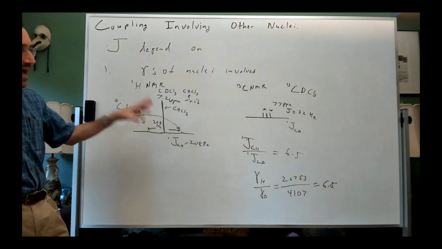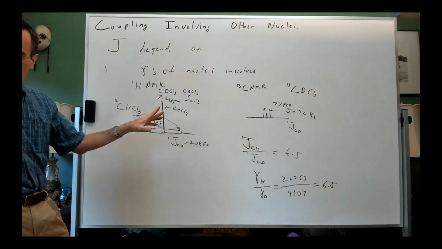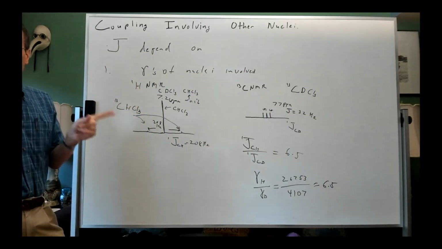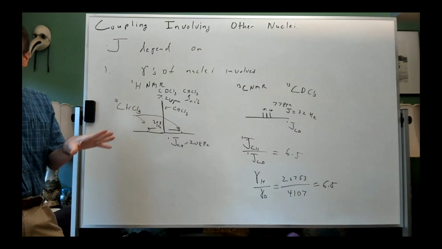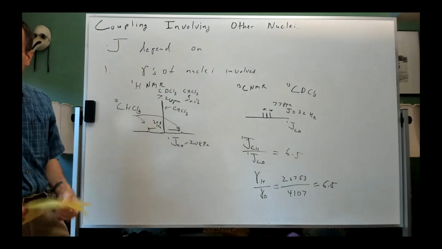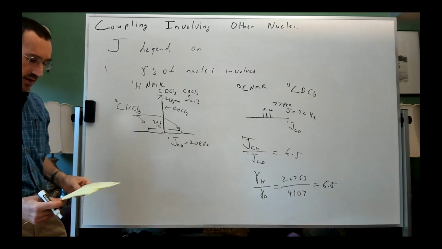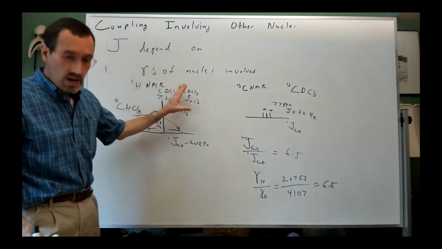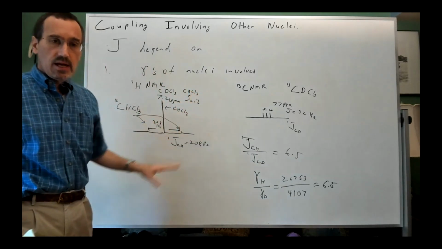Point is that for identical bonds, for otherwise identical nuclei where one of them differs, you're going to have a much bigger J for the bigger magnetogyric ratio nucleus. So that's one of the factors.